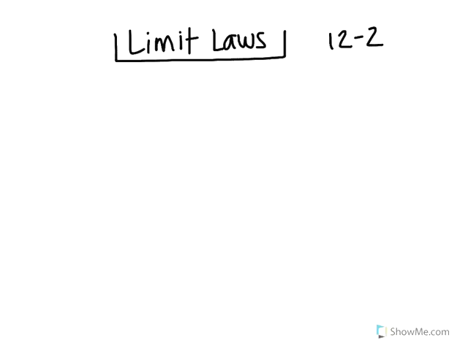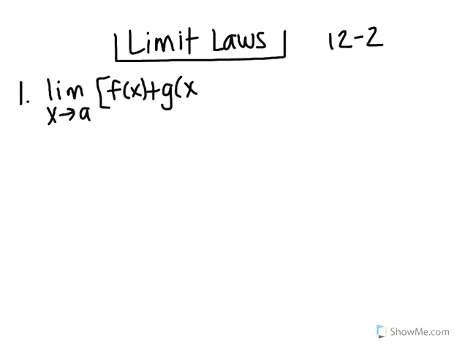So we're continuing on with section 12-2, and we're going to go over 8 limit laws. So the first limit law is the limit as x approaches a of, and then we're going to go ahead and add them together. So it'll be f of x plus g of x, which can actually be simplified.